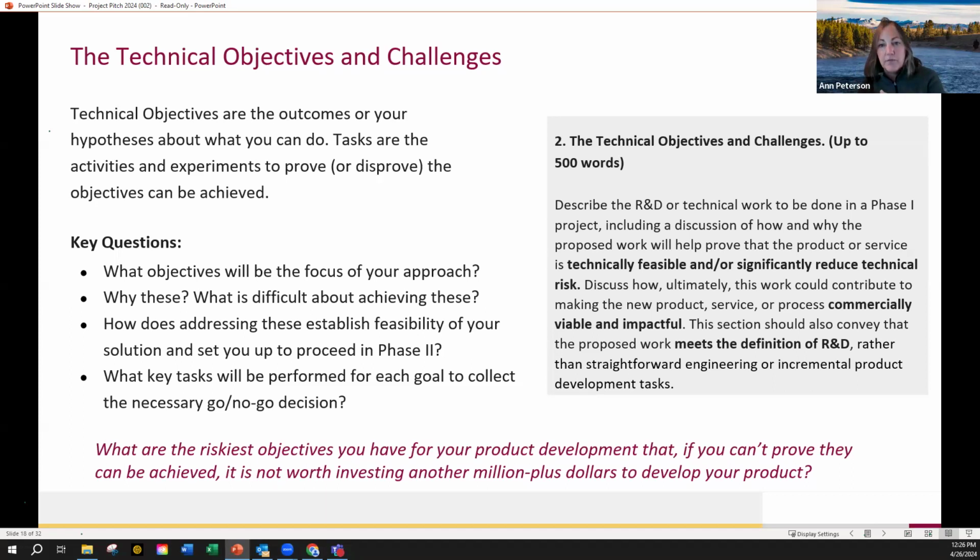That helps the NSF understand that you have something challenging that's worthy of their type of investment, and that you have a pretty good idea of how you're going to tackle de-risking it, conducting research on it. So again, what are the riskiest objectives for your product development? If you can't prove them, you wouldn't put another dollar into it. And it's okay. We can talk more about, well, what if I choose an objective and it's not feasible?